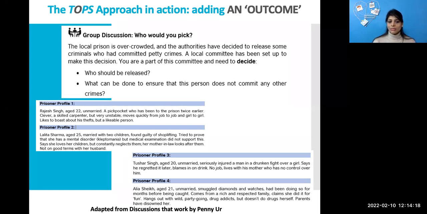So this is more likely to engage them because they need to decide on these things by the end of the discussion, and they also have been given some kind of authority here, which will actually pique their interest in the discussion itself.